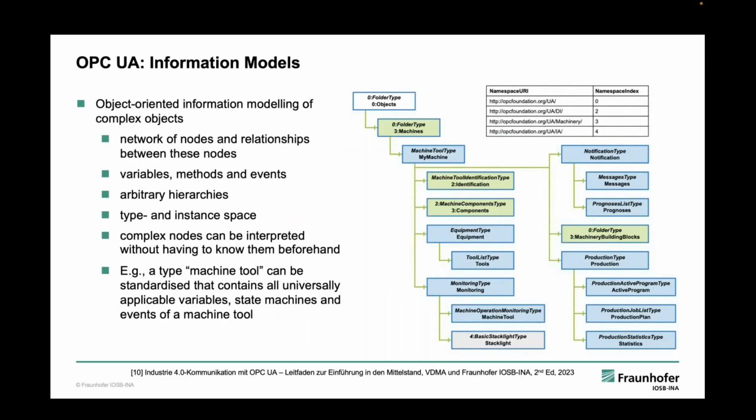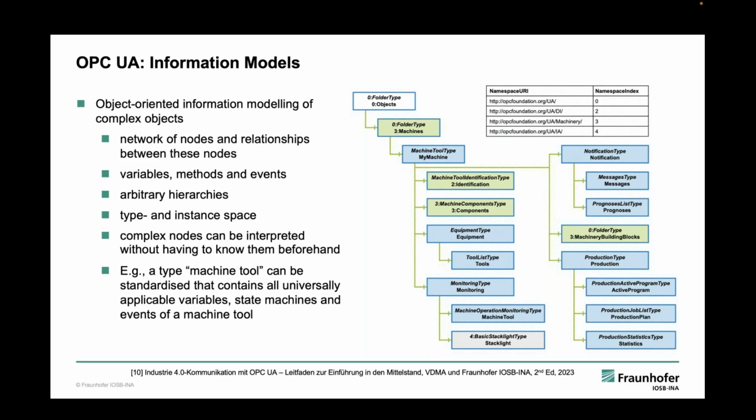OPC UA information models are very important, as I said before, and this is OPC UA's object-oriented approach for modeling complex objects. It's an object-oriented information model, so basically consisting of a network of nodes and relationships between these nodes. These nodes can be variables, methods, and events, and you can create arbitrary hierarchies.